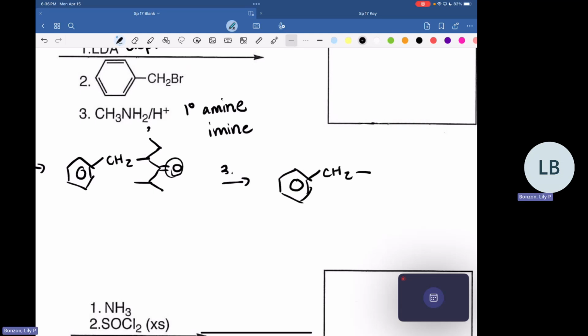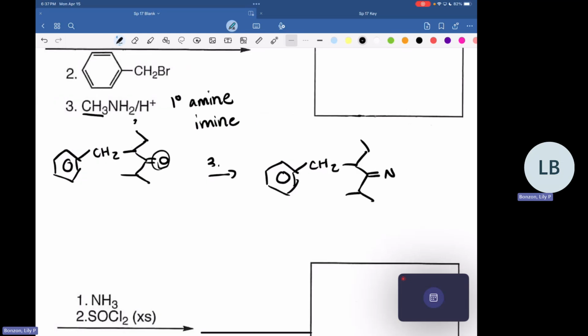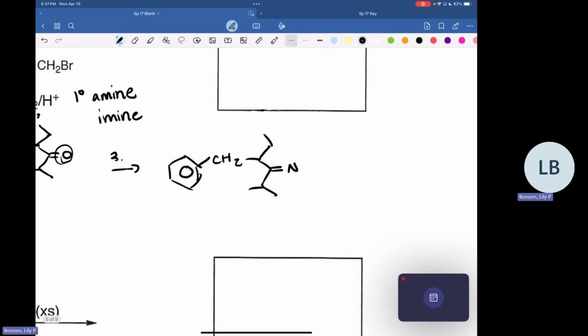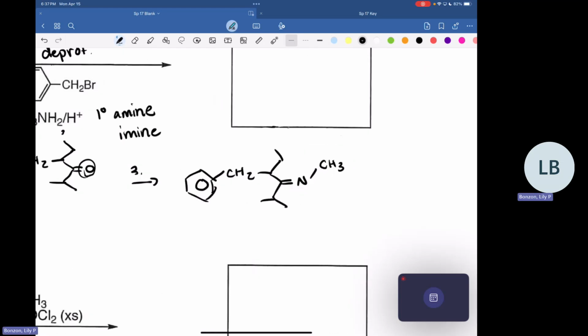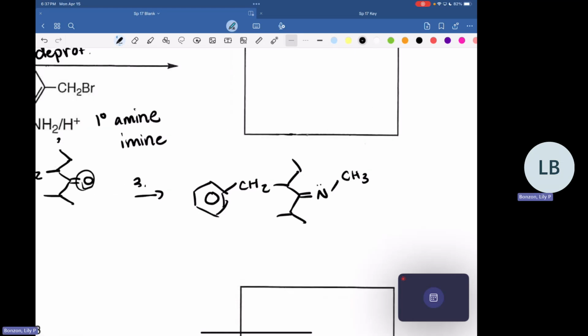CH2. You're literally just replacing the carbonyl oxygen with the nitrogen. And then it's going to keep any R groups it has. You'll keep the alkyl groups, but you won't keep the hydrogens, and that's just because alkyl groups are harder to get rid of. So this is going to be our imine.